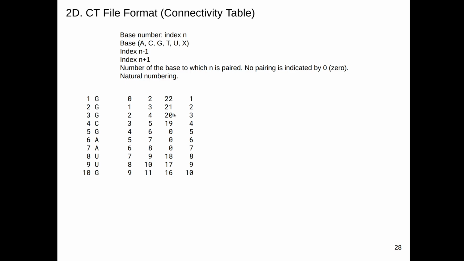For paired residues we have indices of partners, and here we have natural numbering. This is for cases where we have, for example, deletions. So after residue 10 we have residue 20, then in indices we have 10 and 20, and this is natural numbering, just ordering all the residues present in this file.